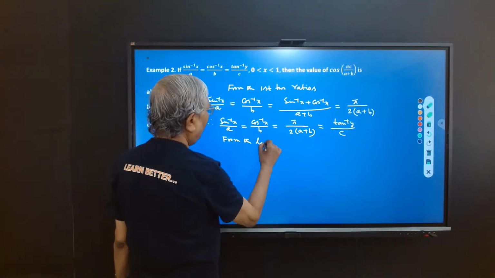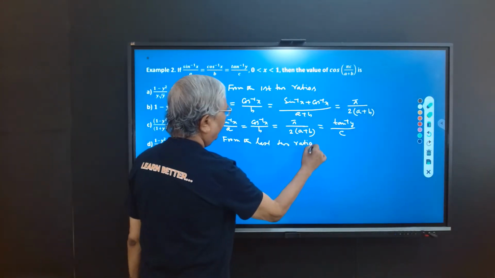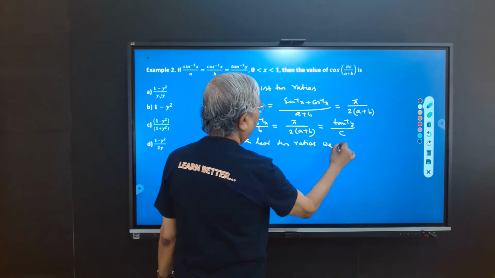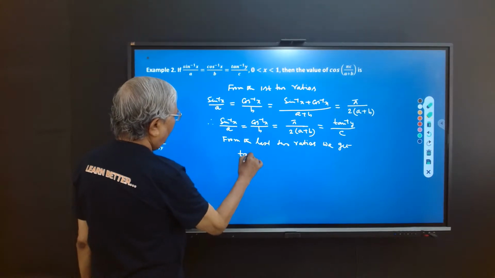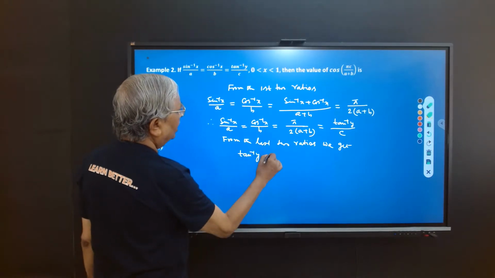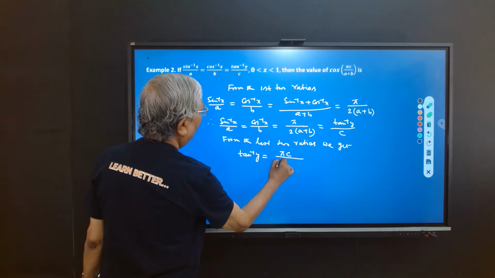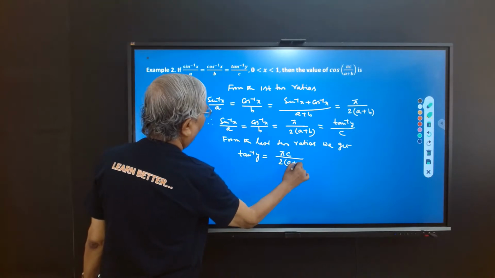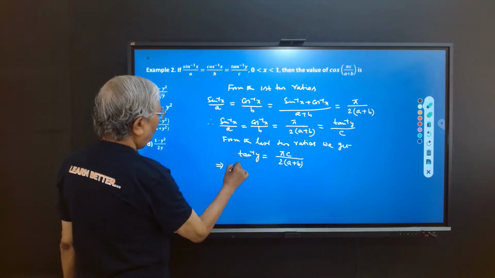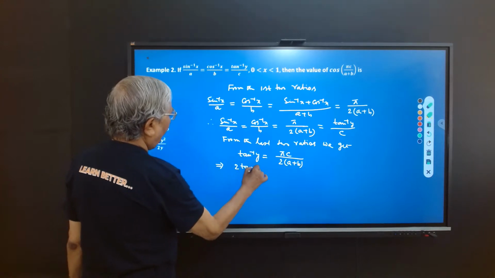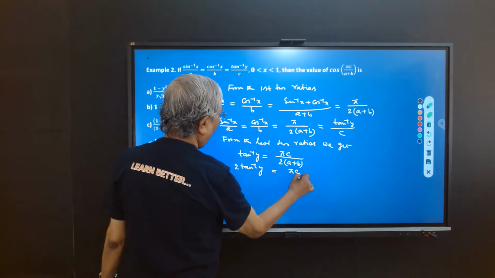From the last two ratios, we get tan inverse y is equal to pi C by 2 into A plus B. This will imply 2 tan inverse y equals pi C by A plus B.